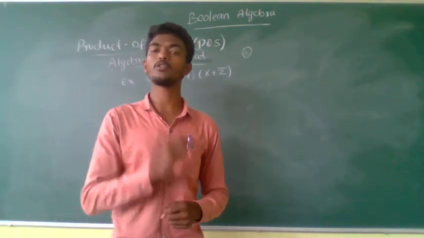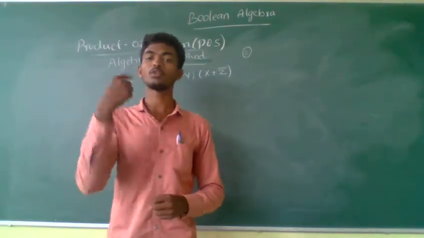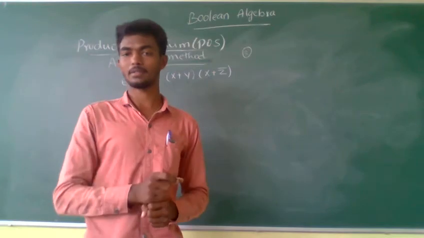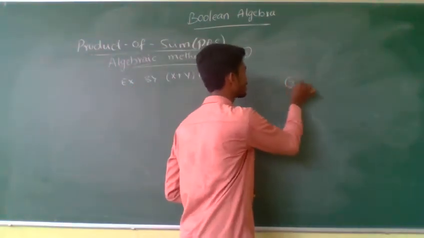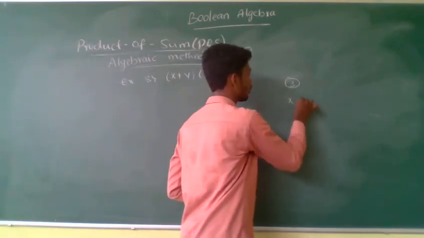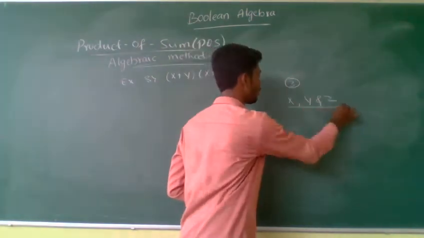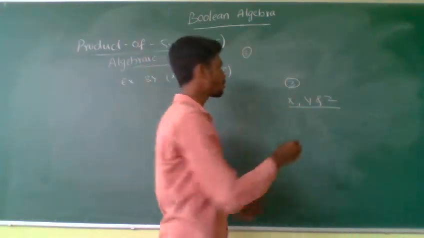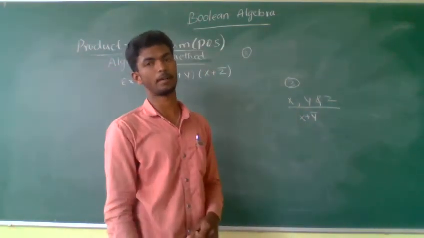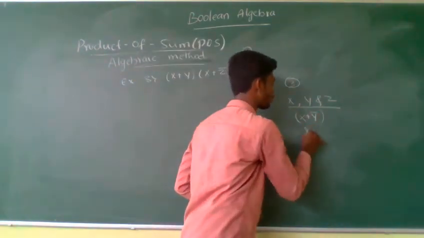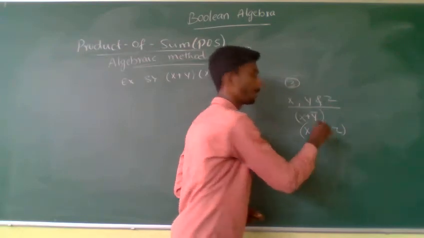First step, observe the number of literals available in the system, and then go for sum terms; here it is a three literal system, x, y and z. Now observe this: x + y' is a sum term, and x + y' + z is called a max term.